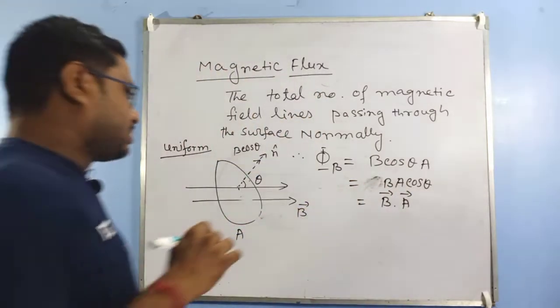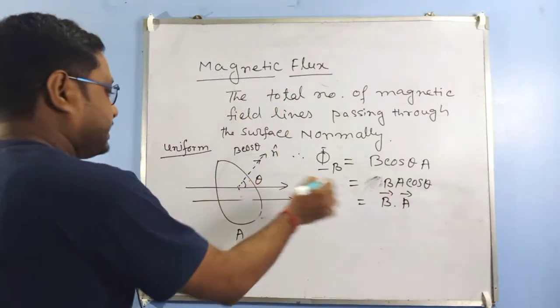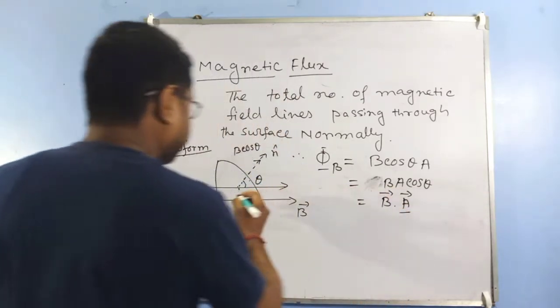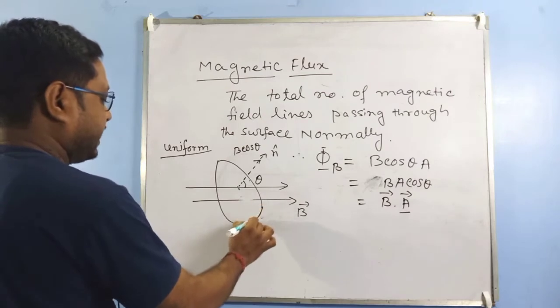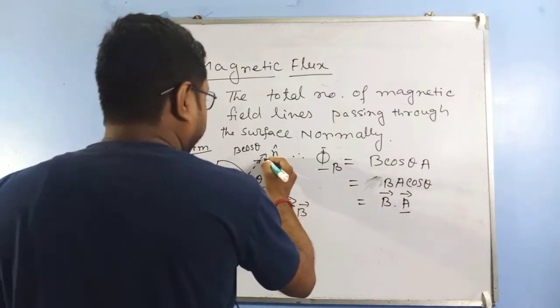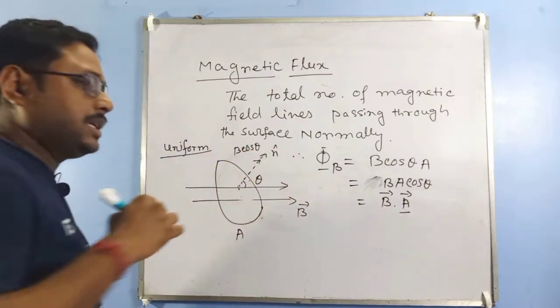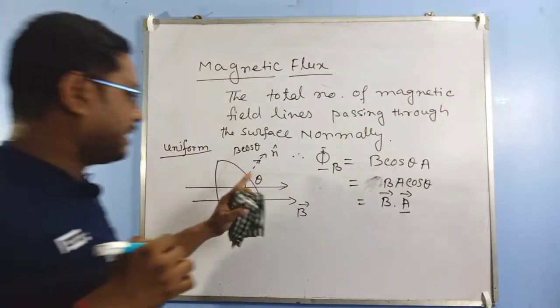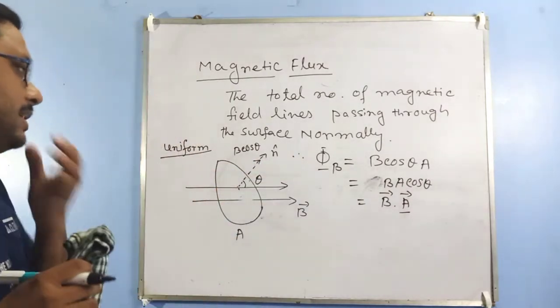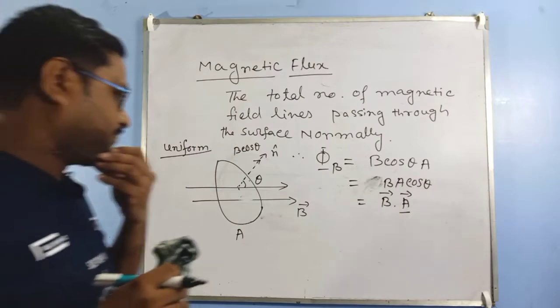What is A? A is called the area vector. It is a vector perpendicular to the surface area A, and its direction is the same as the direction of the normal, that is, along the outward normal direction.